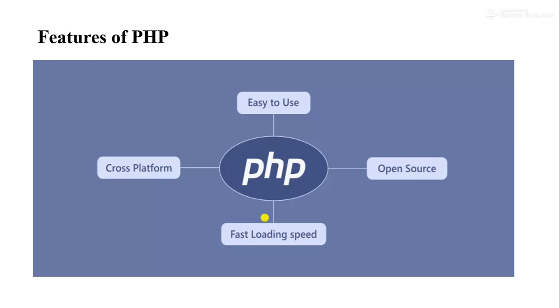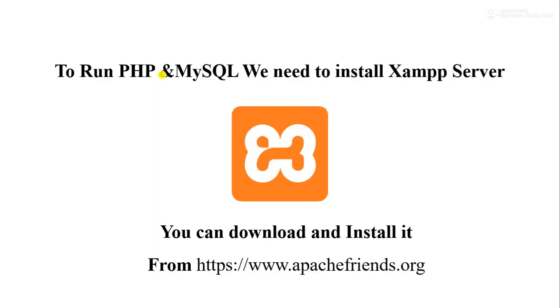And cross platform, it means this PHP language can run on any platform including Linux, Windows and Mac. For every platform we can easily install PHP and we can write our server side script. So these are the 4 basic features of PHP, and that's why we are going to learn PHP.